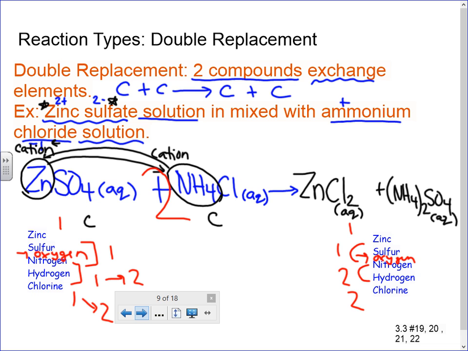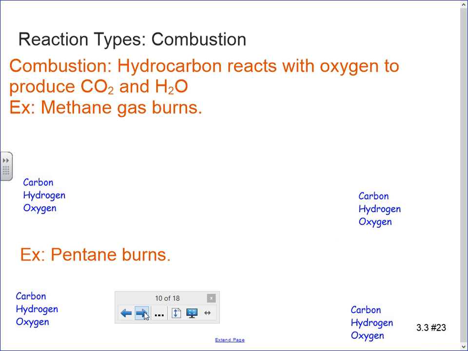So we got one more type. And the one more type is combustion. Now combustion is all on its own because it's different than the other types of reactions. In combustion, you will have a hydrocarbon reacting with oxygen to produce CO2 and H2O.